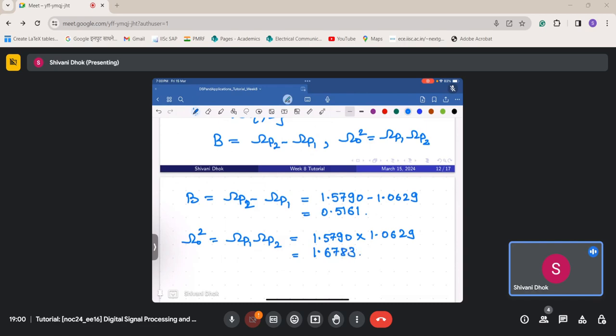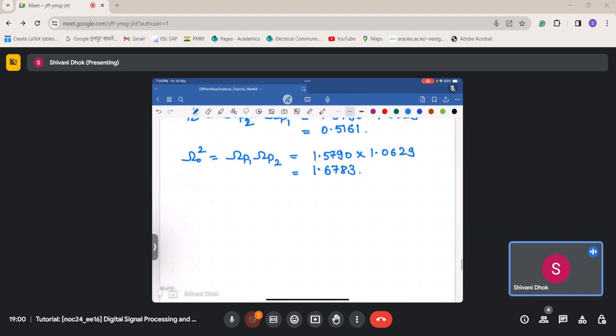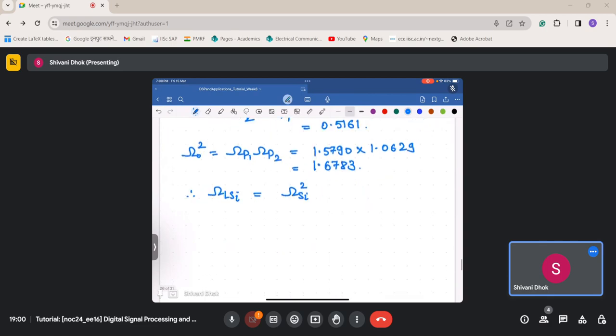So if we have these values here, let us substitute back in the formula that we have. Therefore this omega lsi comes out to be omega si square minus omega naught square, which is 1.6783, divided by B. B is 0.5161 into omega si.